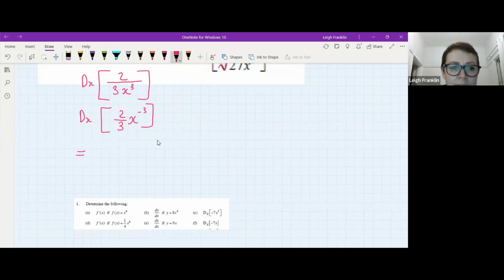And now I'm going to say -3 times 2 over 3 is going to leave me with -2. X to the power of, take 1 away, -4. And that's it. In matric, you are allowed to leave things with negative exponents. You don't get any marks for making it a positive exponent, so don't even bother. Just leave it with a negative exponent.